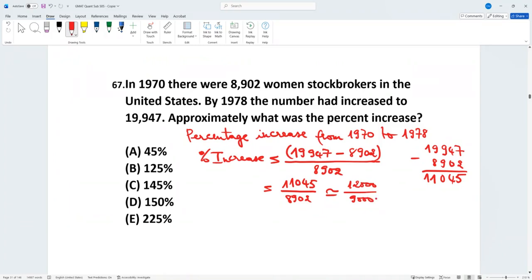Okay, and this will be approximately equal to 12 over 9, which is by itself equal to 4 over 3.